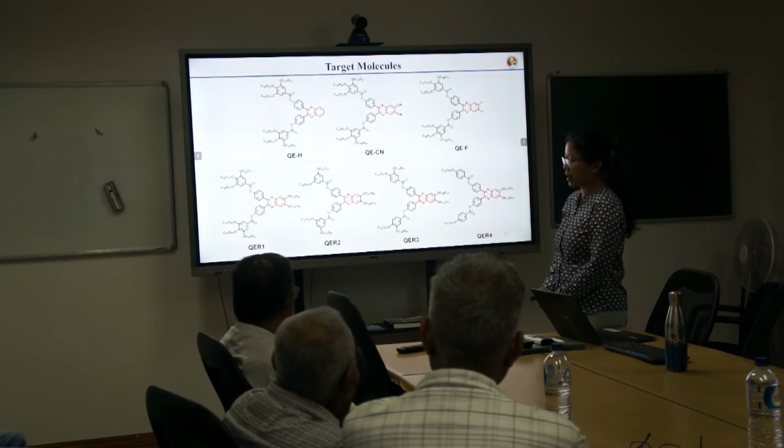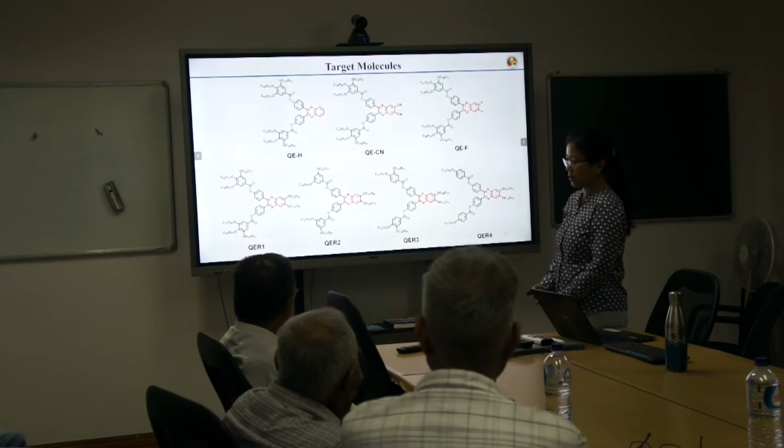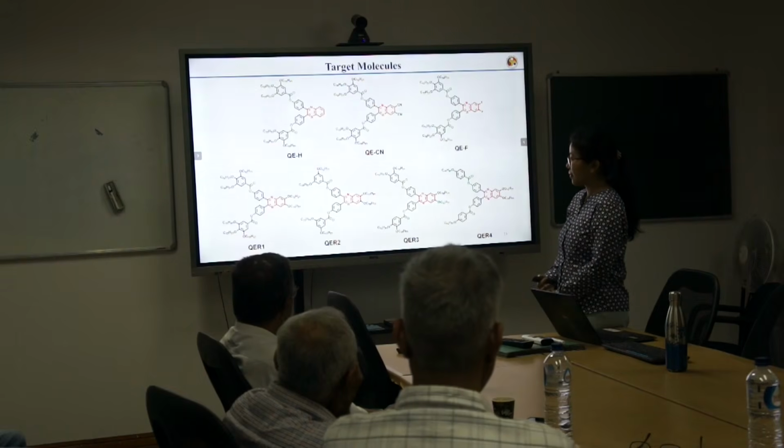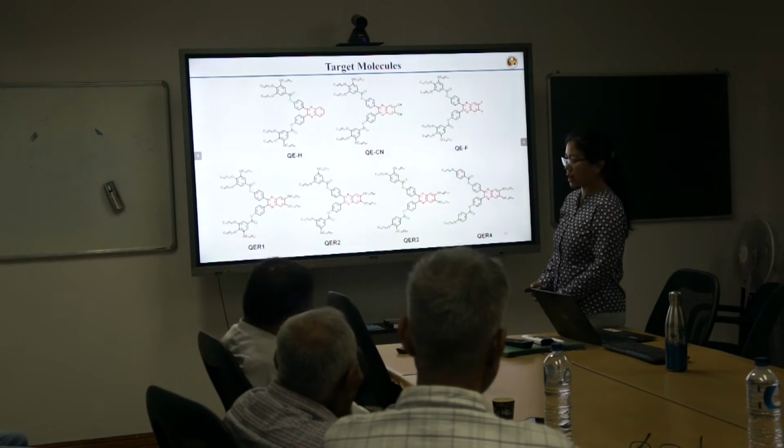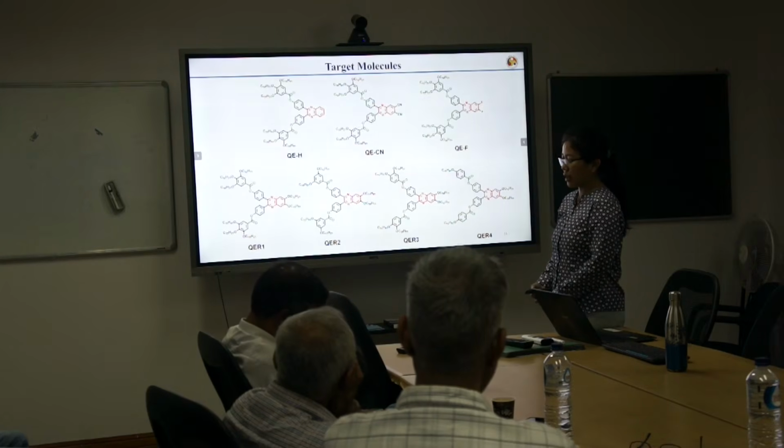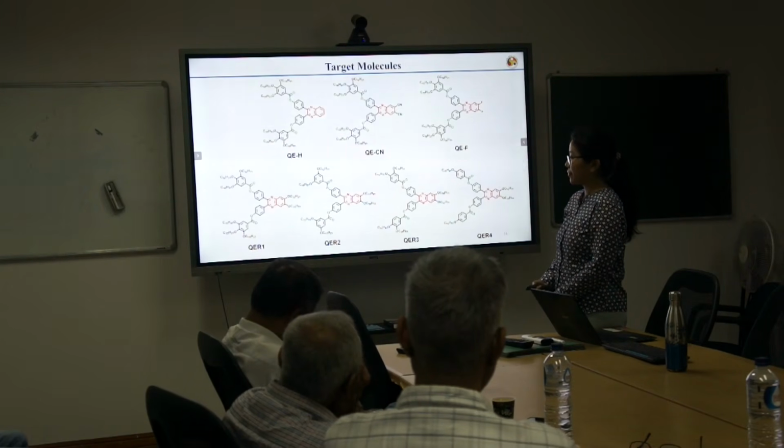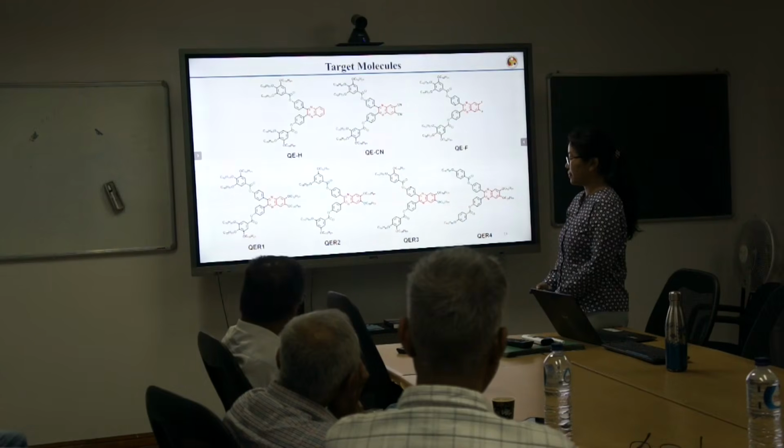So the alkyl chains are required to bring about the liquid crystallinity. So even a non-liquid crystalline molecule can be analyzed for mobility studies. Correct. There are many non-liquid crystalline molecules which are good transporters, meaning that they have good mobility, right?